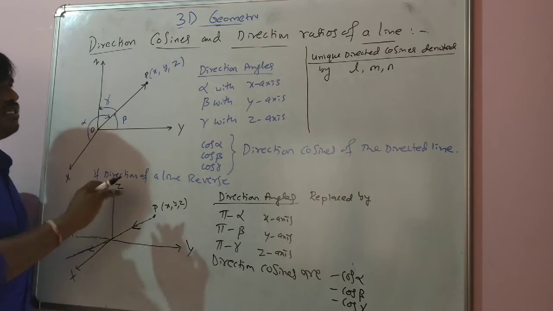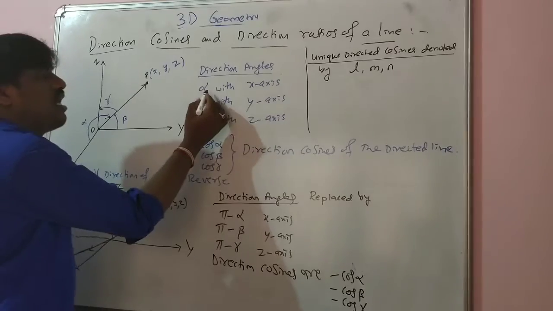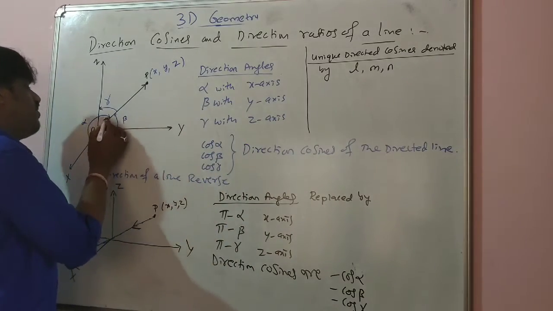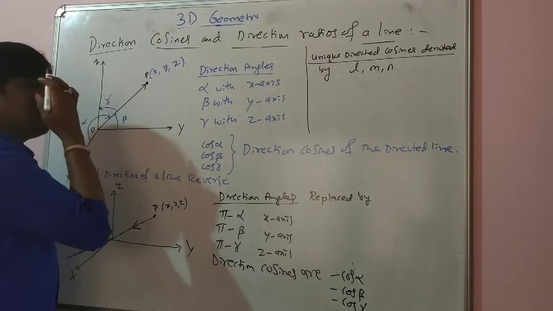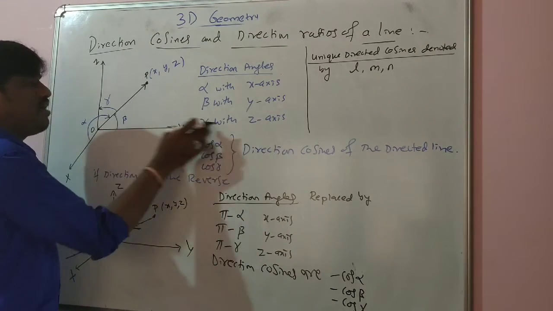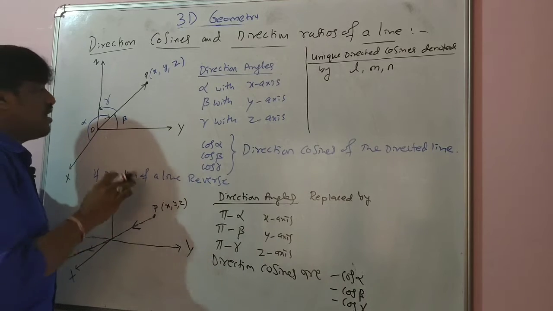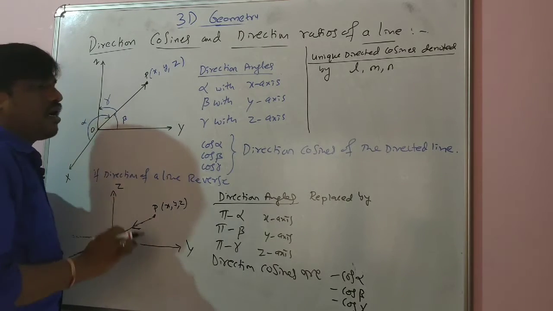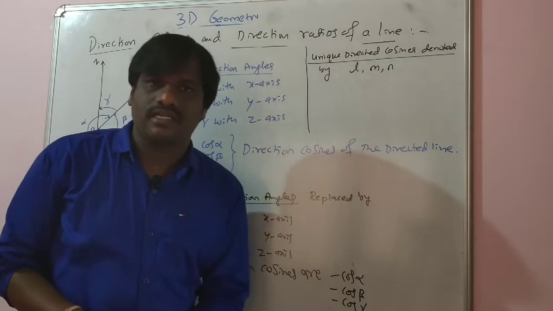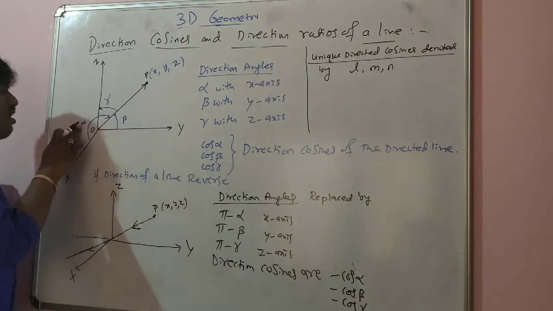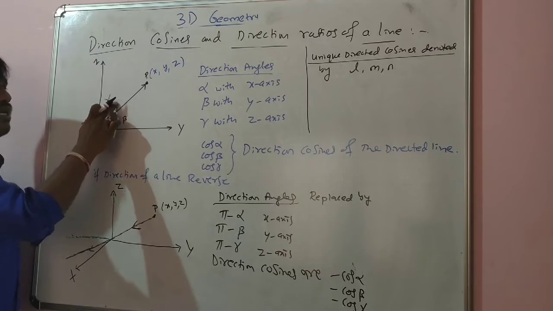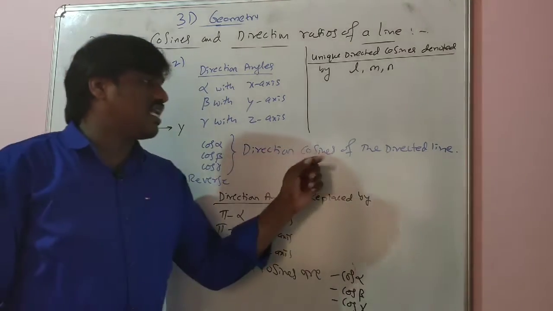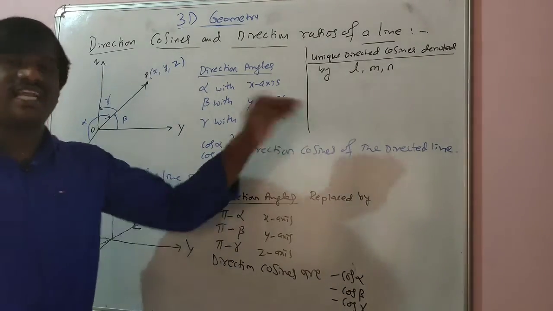These are the direction angles: alpha is the angle made with the x-axis, beta with the y-axis, gamma with the z-axis. Then cos alpha, cos beta, cos gamma are called direction cosines of the directed line.